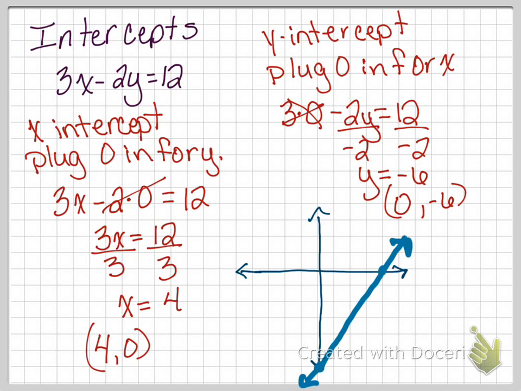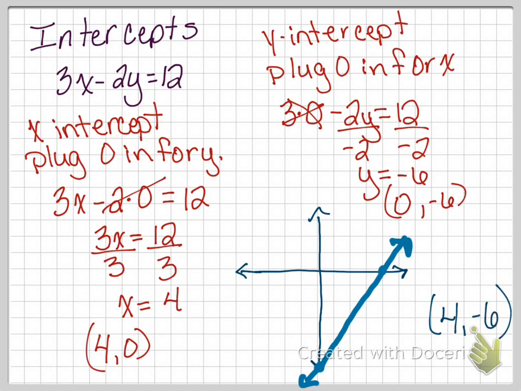So, a common mistake. The problem will say, what are the intercepts of the line? And students will say, okay, x equals 4, y equals -6, and then write the answer as (4, -6).